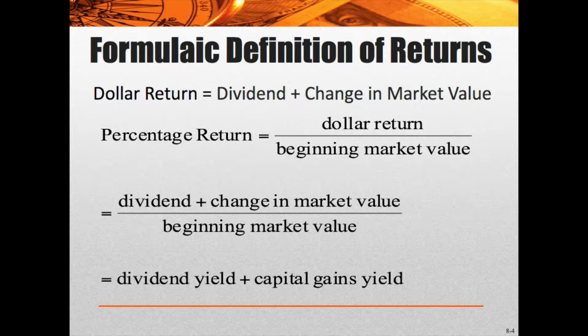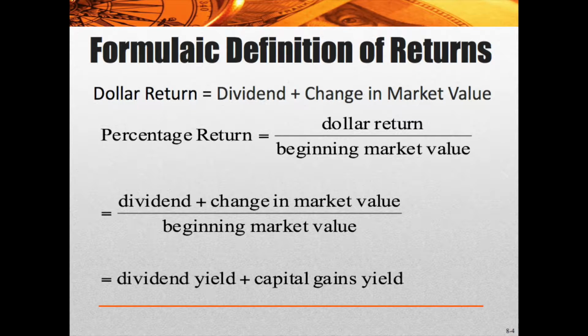So when we start to look at the formulas here, the dollar return equals the dividend plus the change in market value. So your dollar return, the amount of actual money that you walk away with, is if you add up all your dividends and then the change in market value. The change in market value is, you paid 100, it went up to 110. The change in market value would be the 10, and then maybe you collected a couple of dividends on top of that.